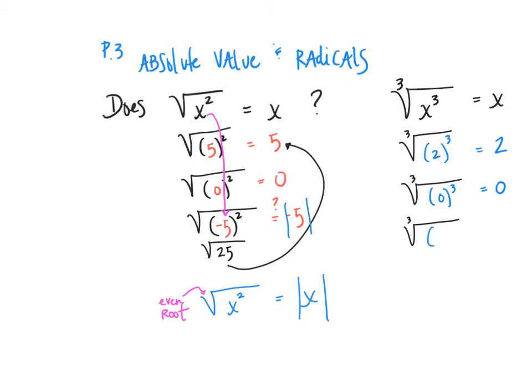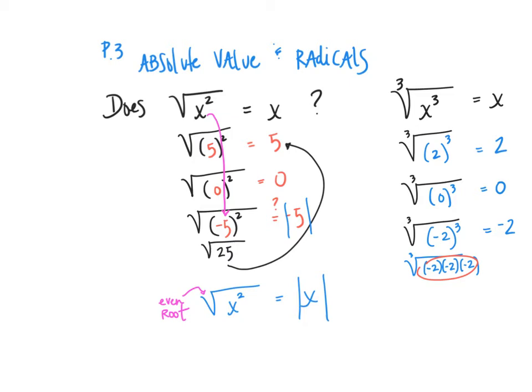Well, what about if you take the cube root of negative 2, the quantity negative 2 to the third power? Do we get negative 2? And in this case, we do, right? Because the cube root of negative 2 times negative 2 times negative 2, we're looking for 3 of something, and we have 3 negative 2's underneath that cube root.